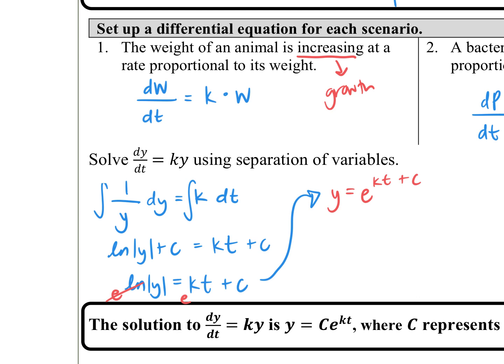Can I separate those exponents out? Yeah. So I got y equals e to the kt times e to the c. We just call that c again. So then I've got y equals c times e to the kt. It's kind of like Pert, but instead of Pert, it's c e to the kt.